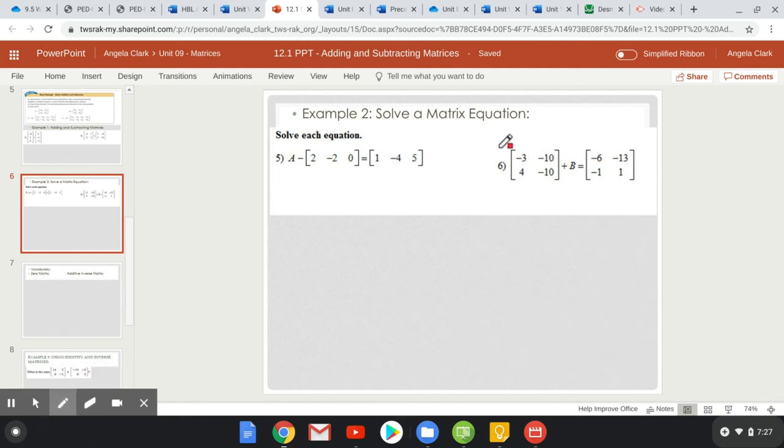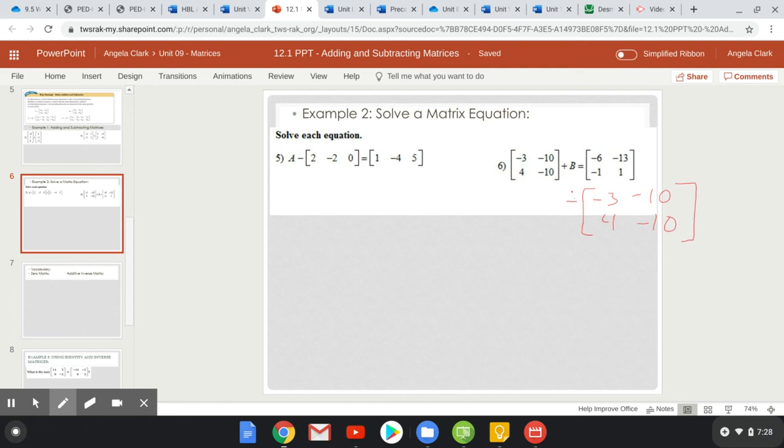So I'm going to subtract this matrix. But remember what I said about subtracting a matrix. I can just distribute that negative throughout the entire matrix.